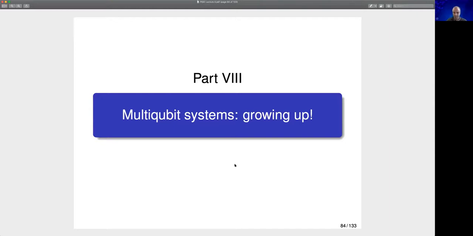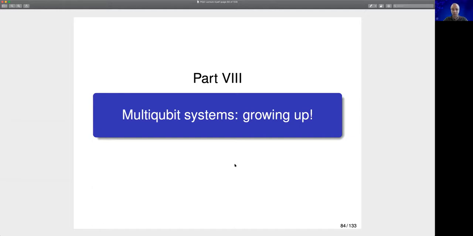Okay, so up to this point, we have been working only with systems of 1, 2, or even 3 qubits in the case of quantum teleportation, but this does not exploit at all the full capacity of quantum computers. The full capacity of quantum computers comes into the limelight when we use systems with many qubits.